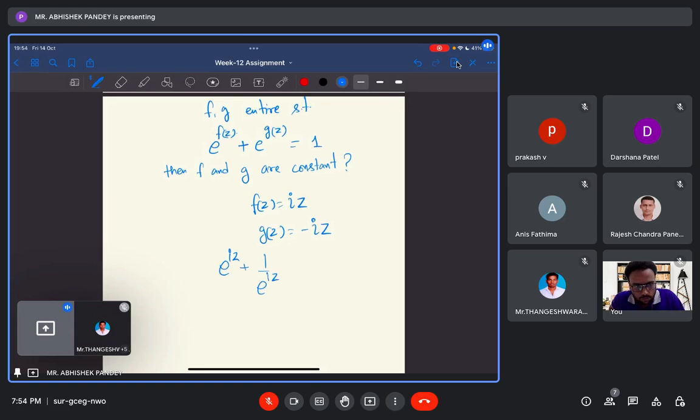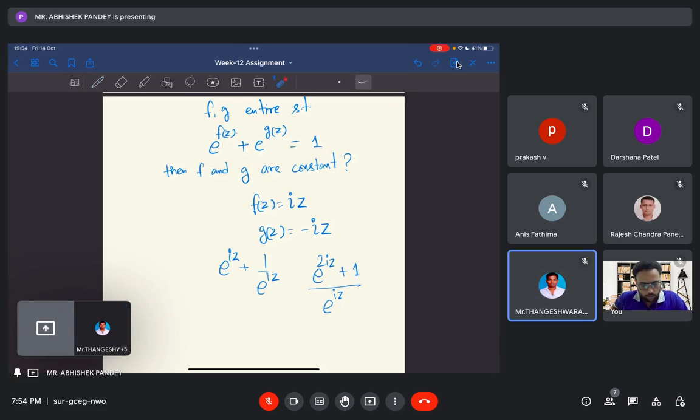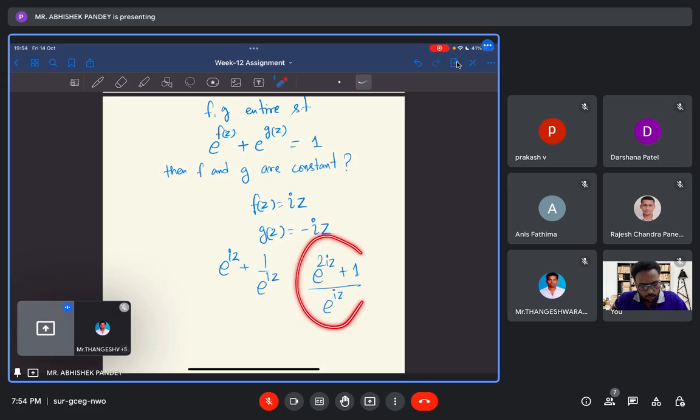I don't think it satisfies this equation, isn't it? Yes sir, this will not satisfy this equation.